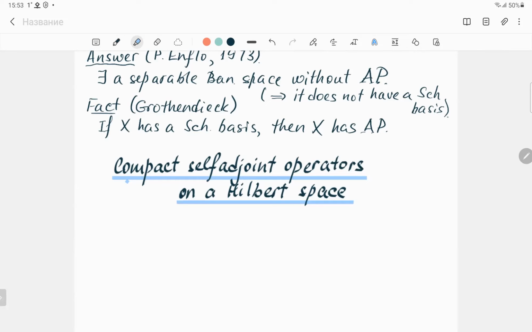Well, actually, this will be a brief survey. The proofs of the main results here will be given in our next course in operator theory in spring.